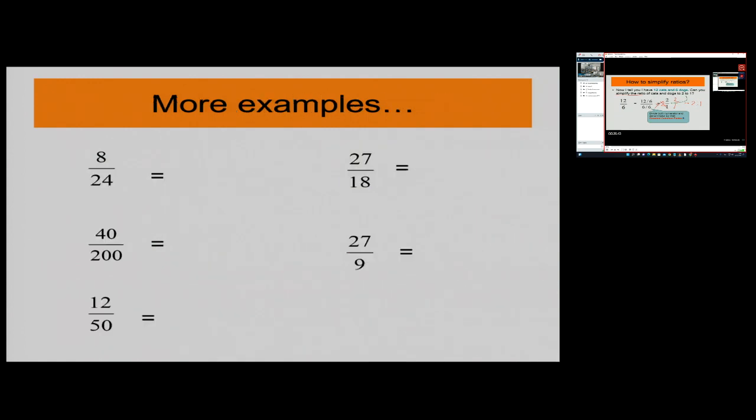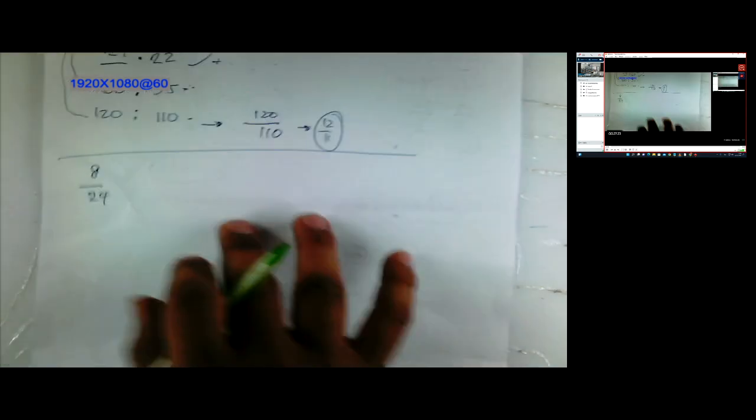Okay, now let's try to simplify some ratio. Miss, what is 8 to 24? Yes, you. With the pink something on the table. Yeah, you're the one with sit down. Stand up. What is 8 is to 24? How do you simplify it? Simplify the ratio. We have 8 to 24. Okay, let's have this one. Okay, 8 to 24.